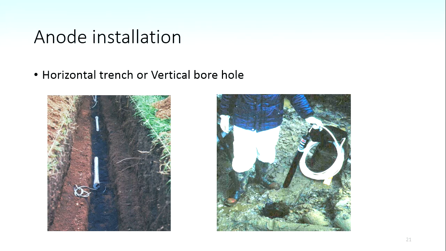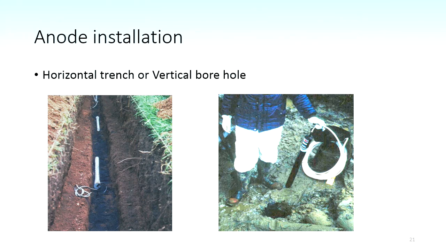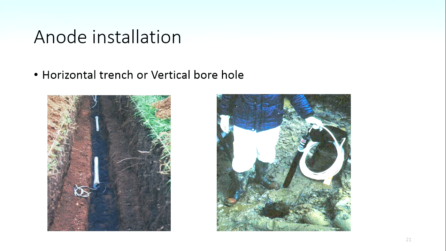These ones here, you can't particularly tell from the wrap, are silicon iron anodes, and once you put them in the trench, I don't know whether you can see here, but it's quite dark in the bottom of the trench, and that's because they've already put some coke in as backfill.